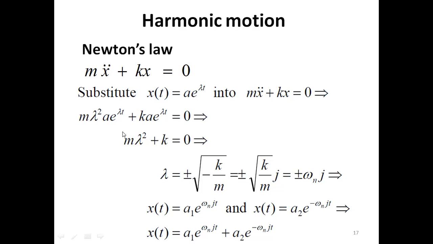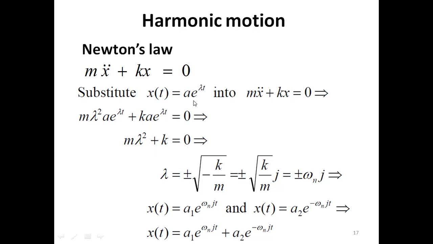So we have the product of two terms and it is equal to 0. It means that either a exponential lambda t is equal to 0, or everything inside the parentheses is equal to 0 during the vibration.